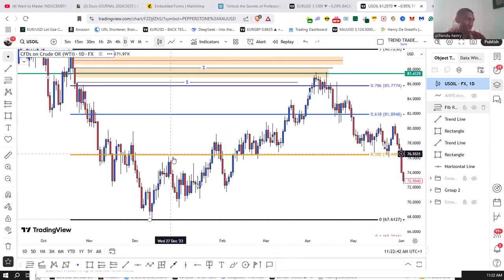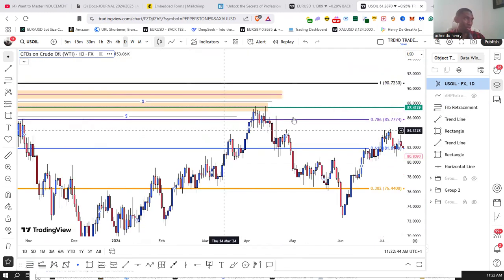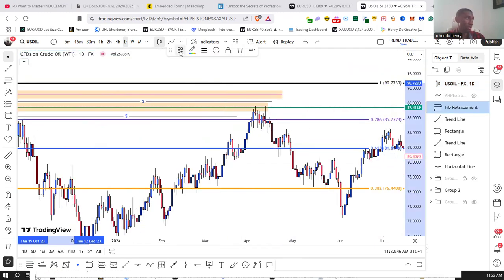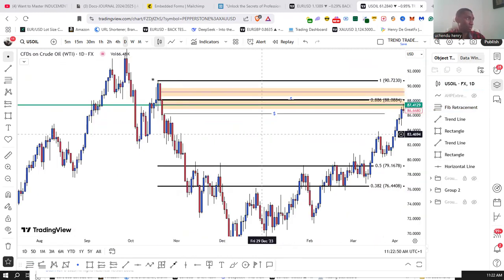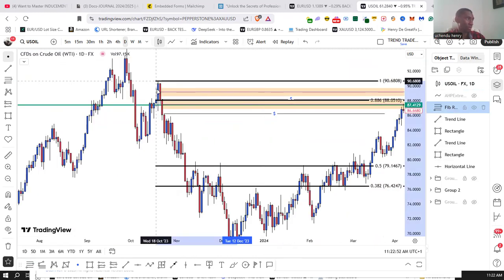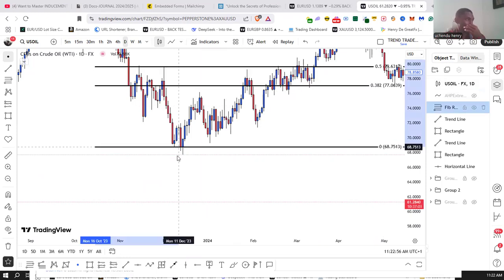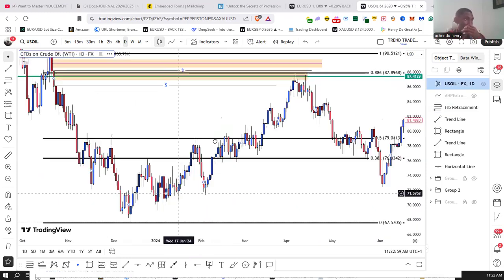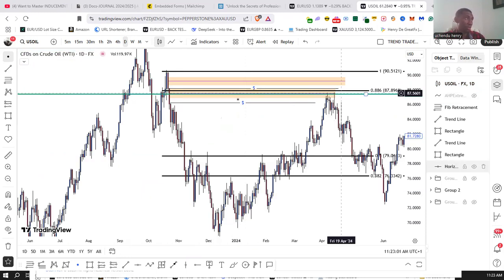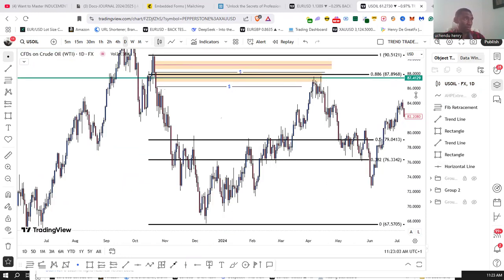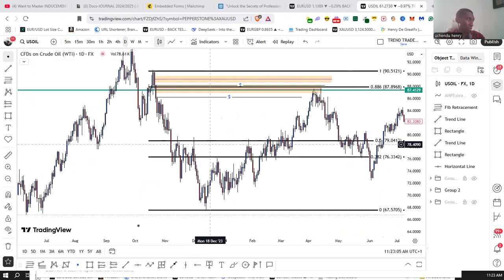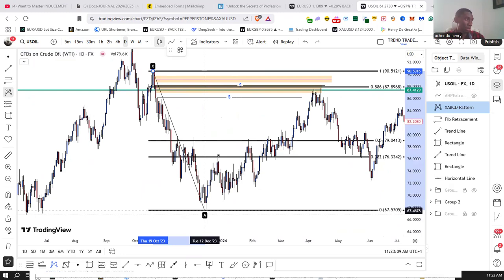Okay, so this is 0.382 and that is 0.886 of the BAT pattern. So this is the 0.886 of the BAT pattern. Okay, so let's enclose that.